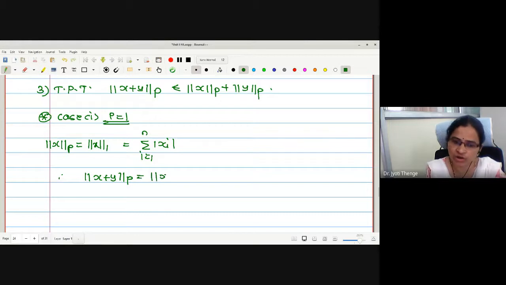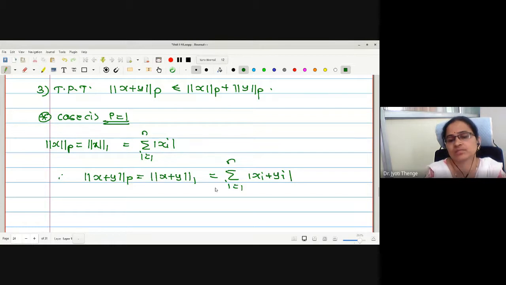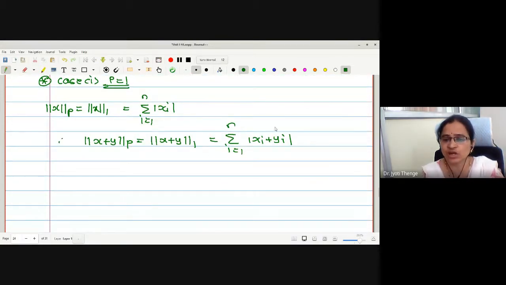This is norm 1 of x plus y. And according to this definition, this is summation i equals 1 to n mod of xi plus yi. Correct? Now how can I separate this modulus? Is it with less than or equal? Mod xi plus yi is less than or equal to mod xi plus mod yi, no? Yes or no? Yes, ma'am.